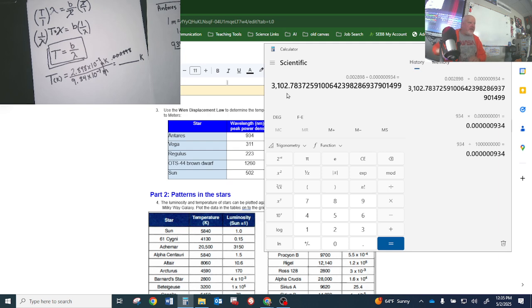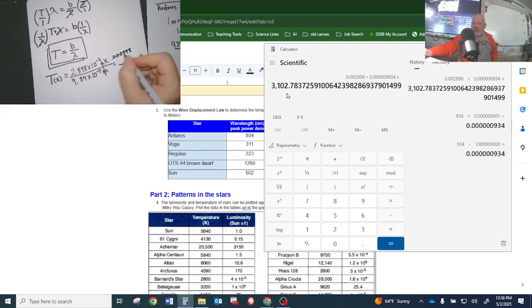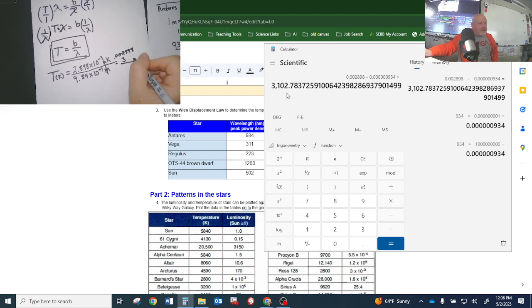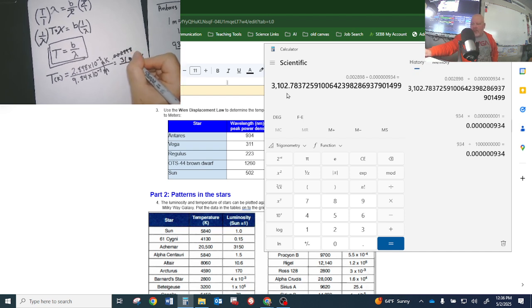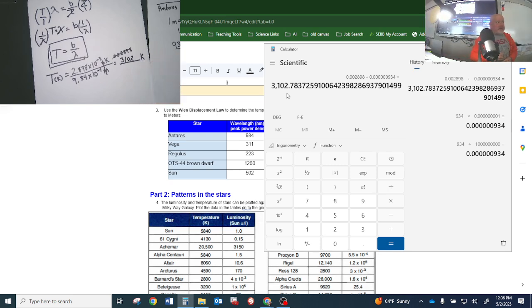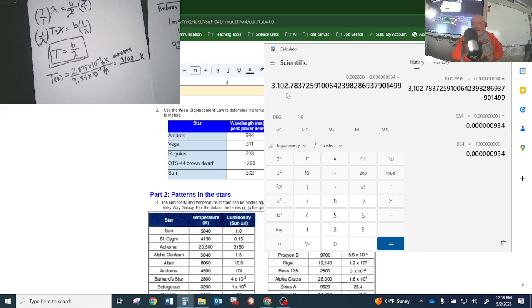So that answer is going to come to 3,102. And that's Kelvin. And that is the temperature of the sun, of that star, I should say, in Kelvin. And that's how those questions are done. You do that just for the next few stars, that should work.